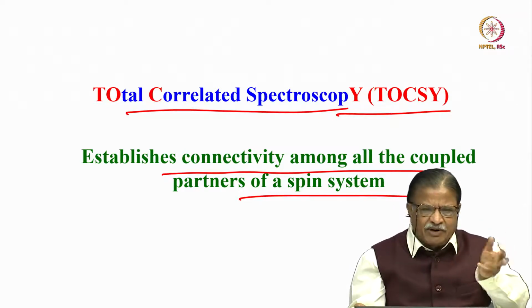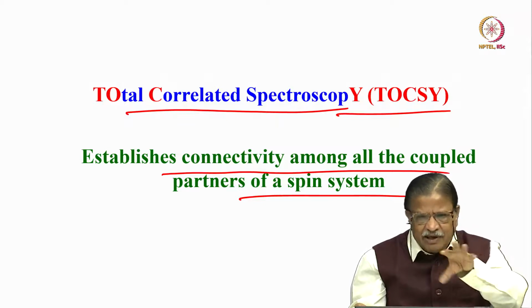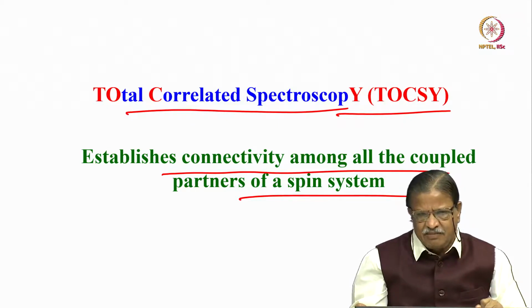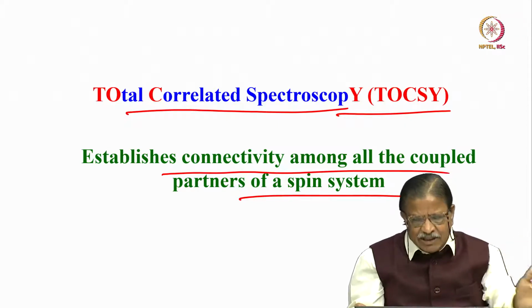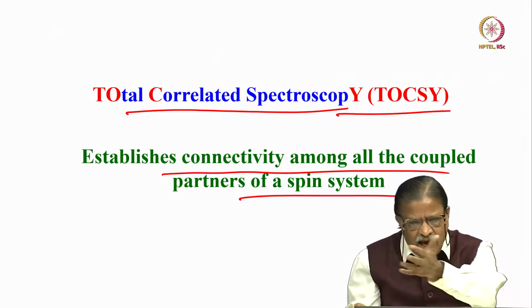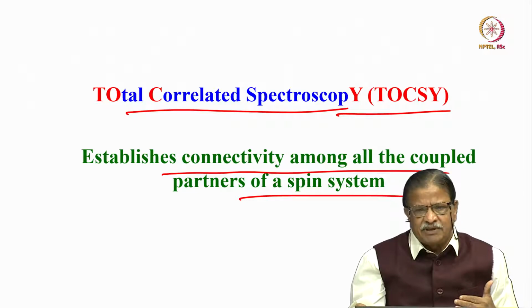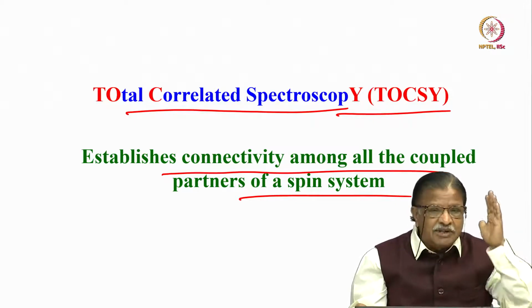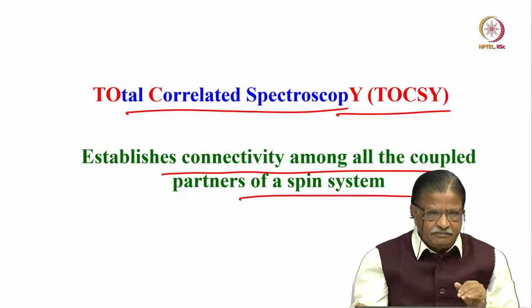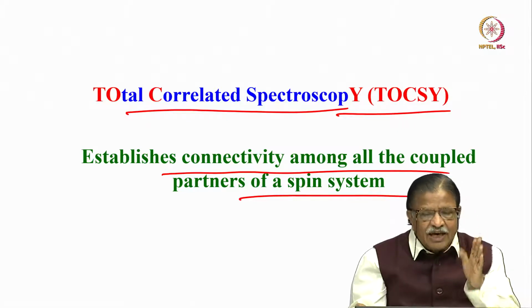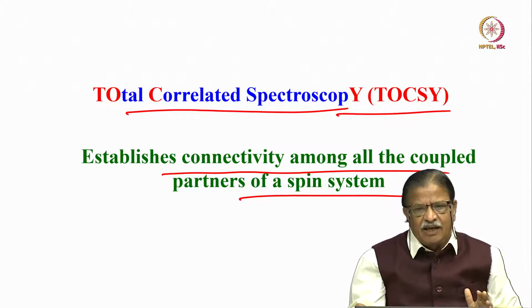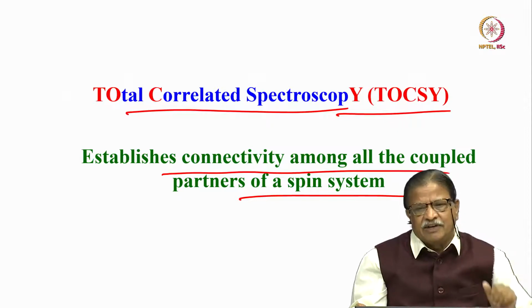One of the couplings may be 0, does not matter, but they should form part of the coupled spin system. Then polarization transfer takes place among all of them and establishes connectivity among all the coupled spins. COSY establishes connectivity to the immediate neighbor, whereas TOCSY establishes connectivity among all the coupled partners of a spin system.